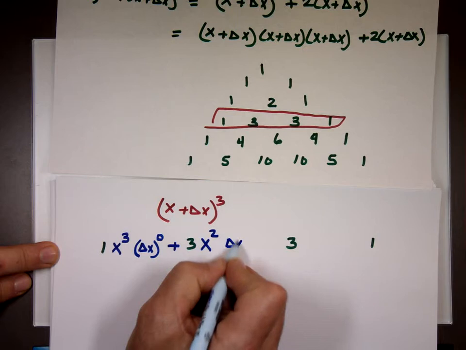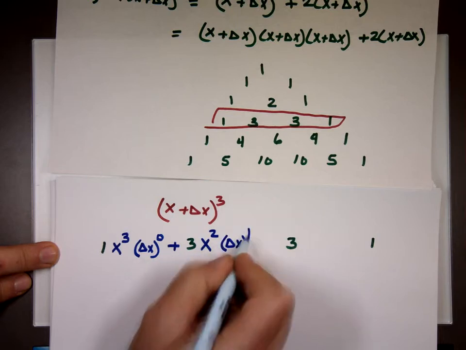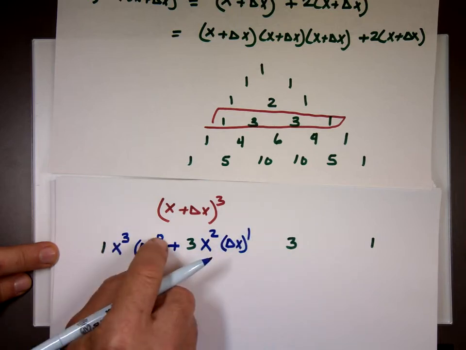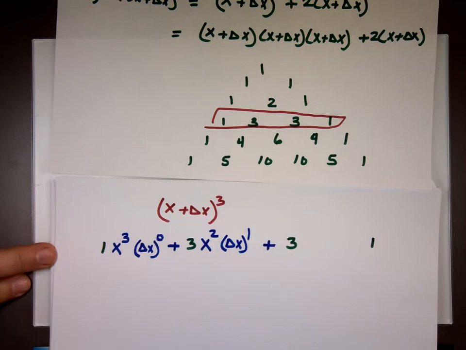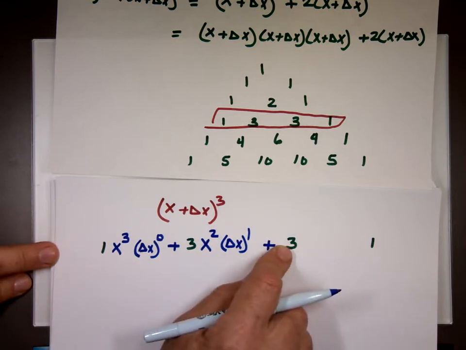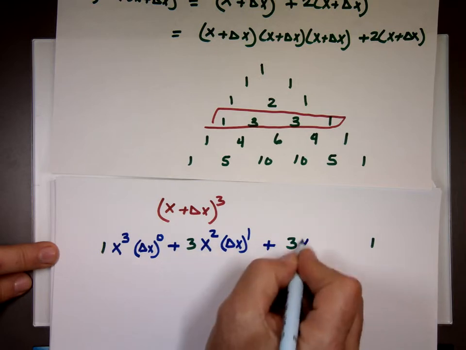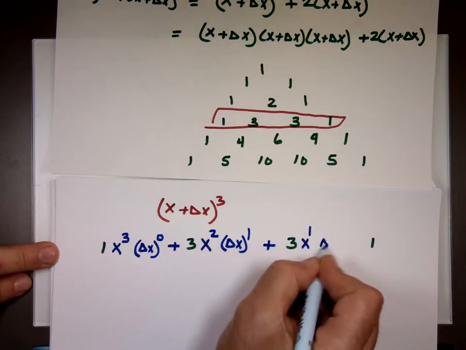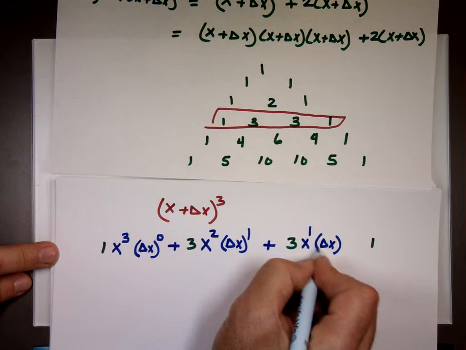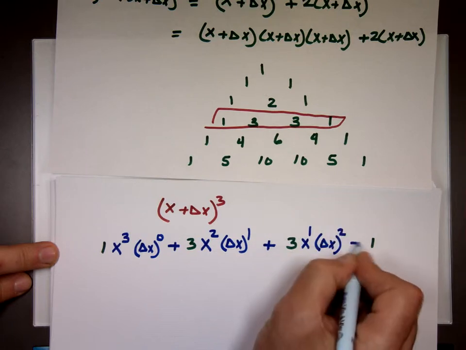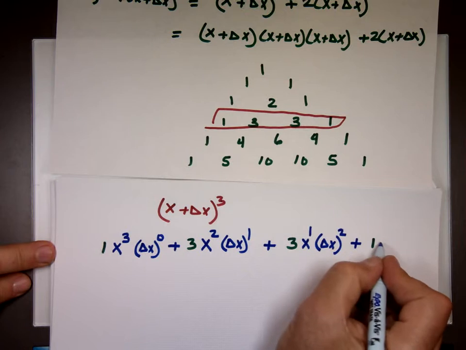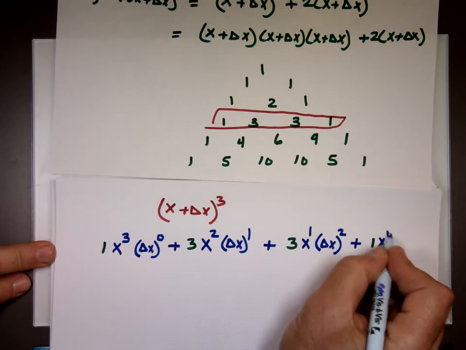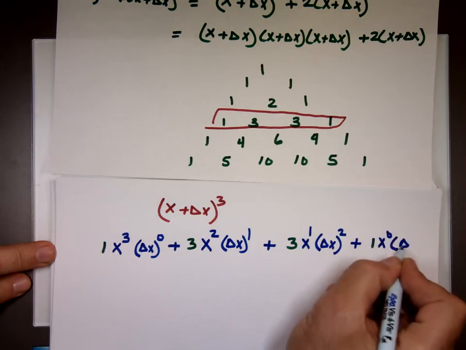Delta x to what power? 1. Plus the next one. x to what power? 1. Delta x to what power? 2. The last one. x to what power? 0. Delta x to what power?